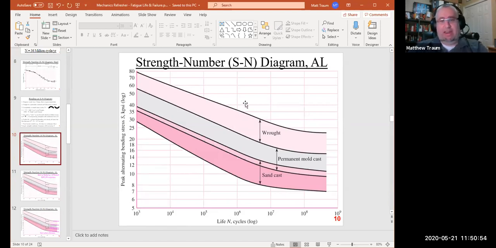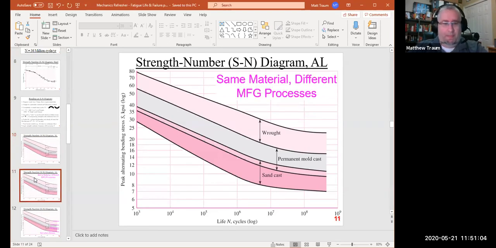Instead of looking at steel, I'm now looking at aluminum. There are two elements that I want to show you guys: one that is uniform across all materials, and the other one that's specific to non-ferrous.